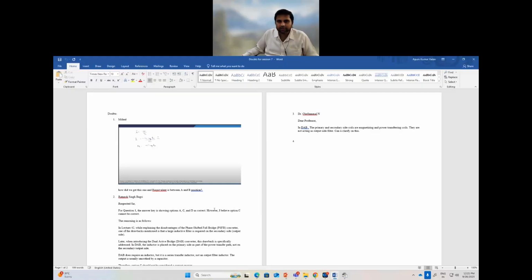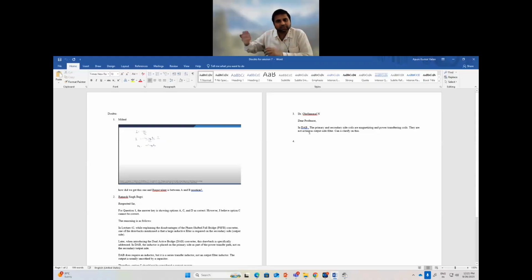The leakage inductance is acting as the power transfer inductance, and the magnetizing inductance is responsible to induce the voltage on the other side. Now, there is no output side filter inductor. One way of looking at things is that the output inductor is being incorporated in the power transfer coil itself, but that is just a notion.